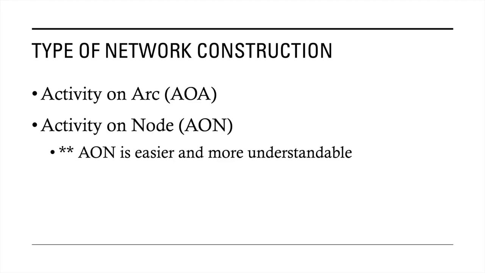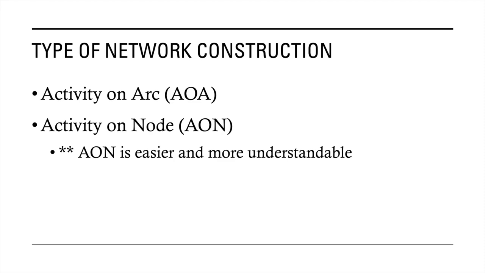Now, just to give you a quick understanding of what activity on arc means, as the name suggests, it puts the activities on the arc. Remember, a graph consists of nodes and arcs. In this case, your nodes will not mean technically anything because your activities will be on the arcs.